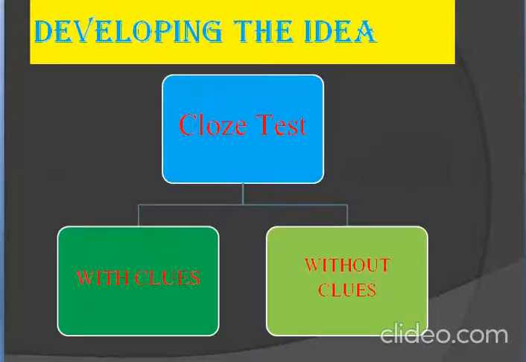The difference is that in cloze test with clues, words are limited, words are fixed, and you have to select suitable words from fixed words. Okay? And in cloze test without clues, no words will be given. There is no limitation. You have to select suitable words according to the demand of the passage, according to the structure of the sentence, and according to the tense of the passage.